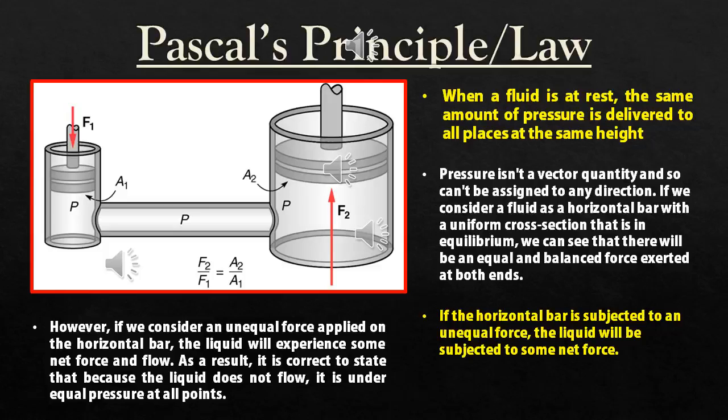If an unequal force is applied on the horizontal bar, the liquid will experience some net force and flow. As a result, it is correct to state that because the liquid does not flow, it is under equal pressure at all points.